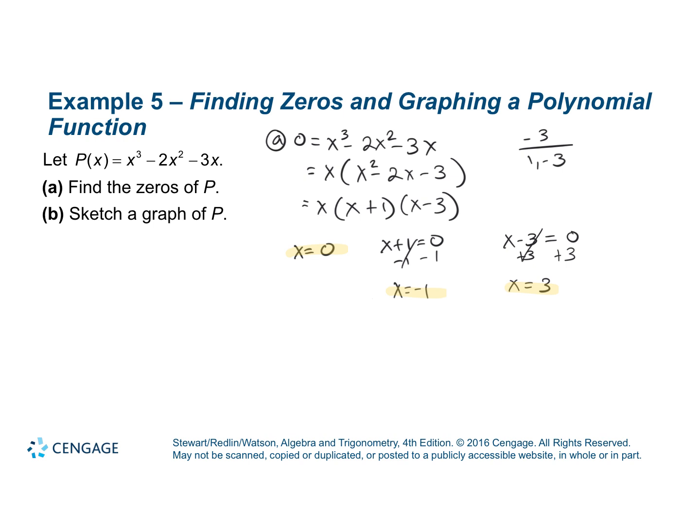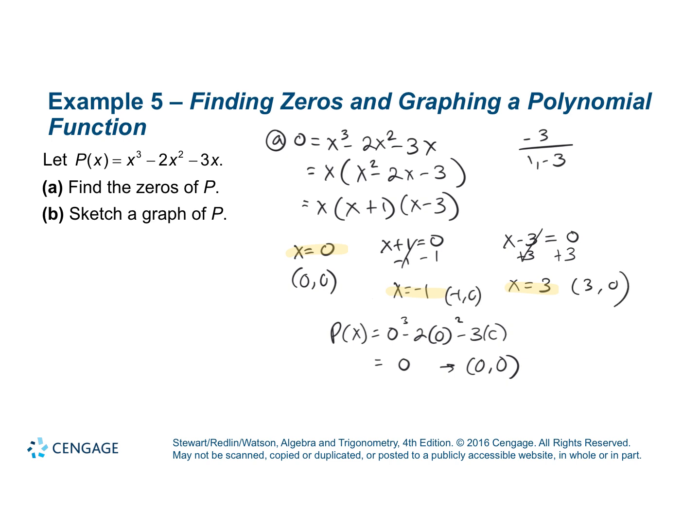So I'm going to plug in 0 for everything that has an x. And when I do that, I end up with 0. So our y-intercept is also 0, 0. We have the x-intercepts at 0, 0, at -1, 0, and at 3, 0.